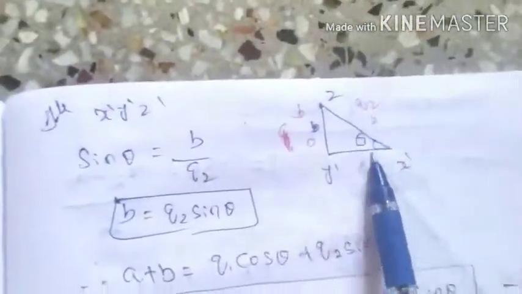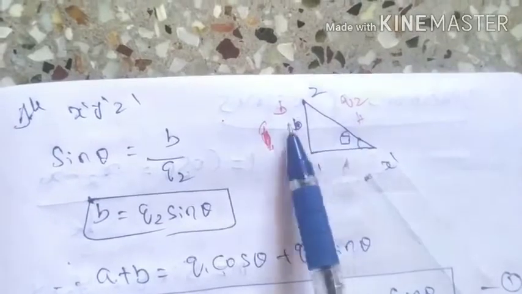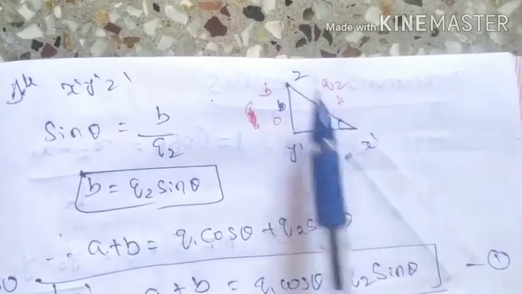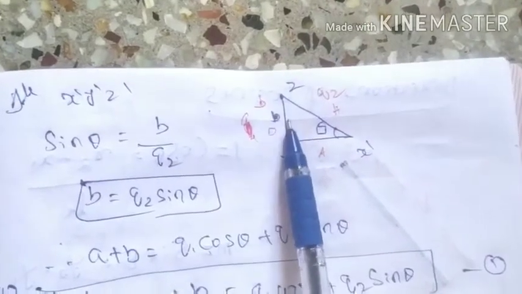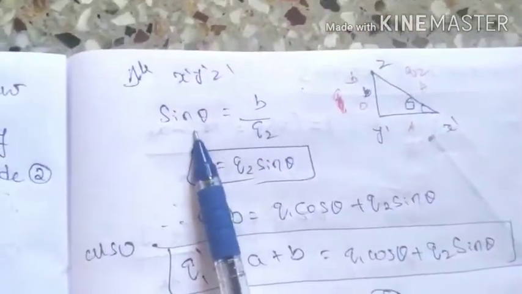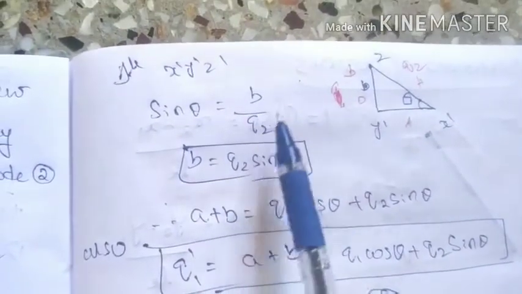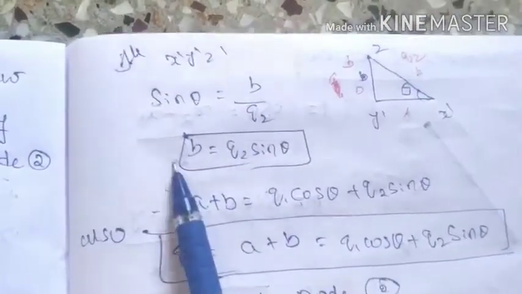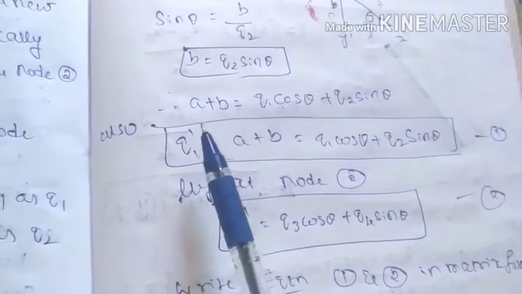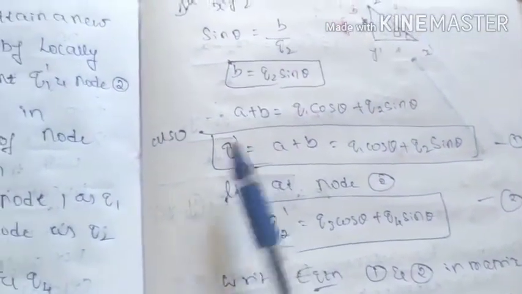Now let's see which is opposite: this is opposite to theta, and this is adjacent, and the remaining becomes the hypotenuse. I know the opposite b and the hypotenuse q2. For opposite and hypotenuse, the trigonometric relation is sin theta. Therefore opposite by hypotenuse is b by q2, so b becomes q2 sin theta.